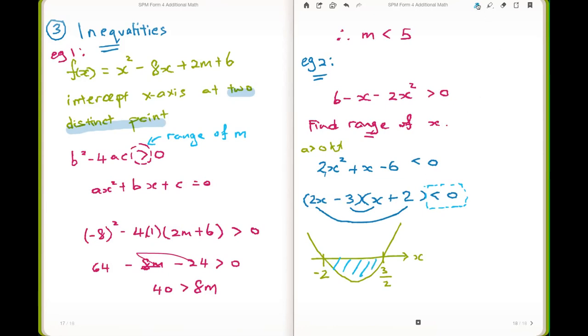Therefore, the range of x for this inequality would be negative 2 less than x less than 3 over 2. It's only less than, it doesn't include 0, so these should be empty points. So this is how you solve it. And this is all about chapter 3.